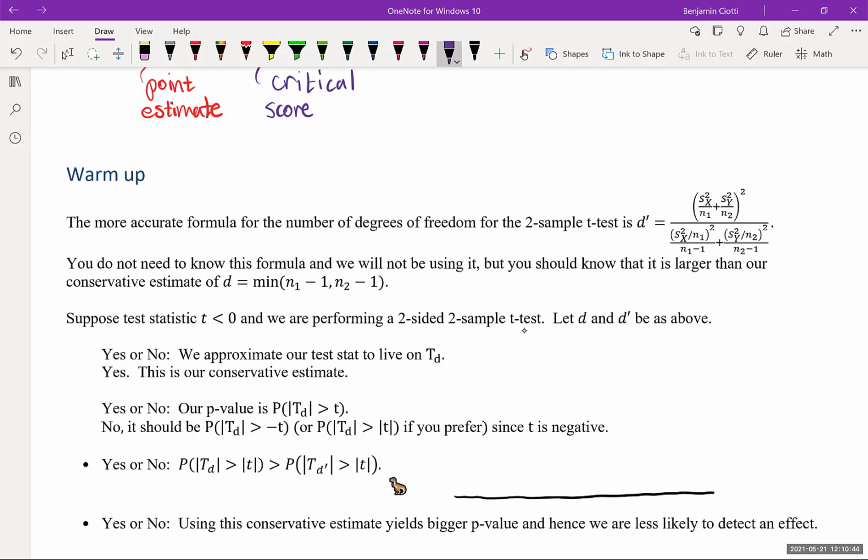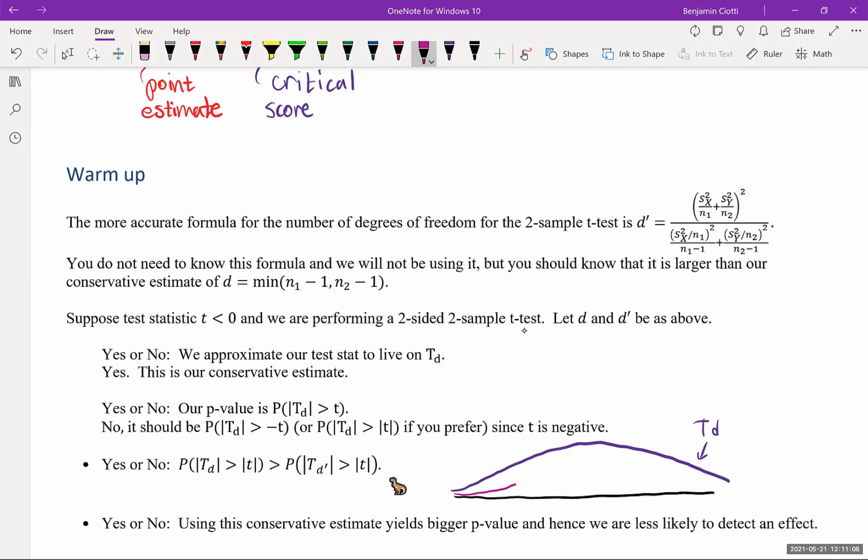So the t distribution with d degrees of freedom has a fatter tail than the other one. So let's say that's t sub d, and the other one looks like that. So that's t sub d prime.